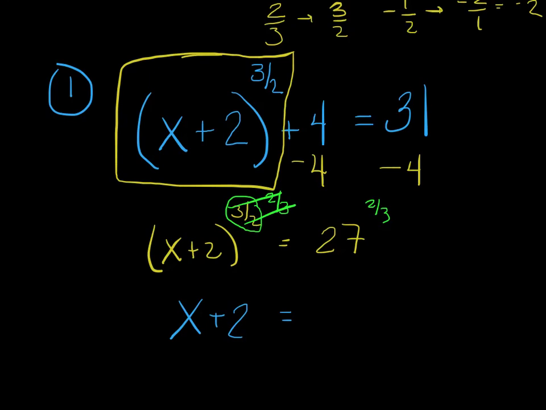Now, certainly you can type this in your calculator, but the root goes on the bottom. It's the cubed root of 27. So what 3 times makes 27? Hopefully you know that's the number 3. And then that's 3 to the second power, which gives me a 9. If I solve here, I'm going to get x equals 7. Now certainly you can check that answer just by plugging it back into the original, and when you plug that back in, hopefully we get 31.